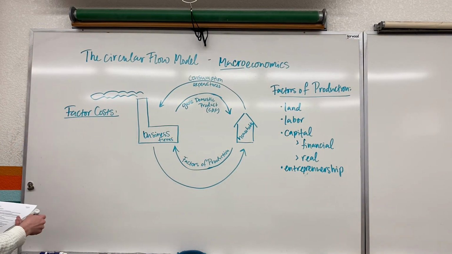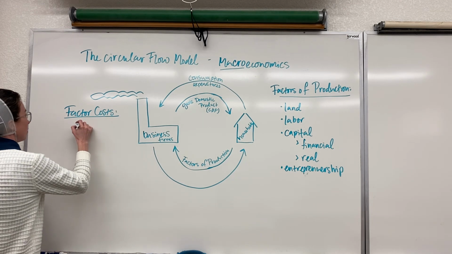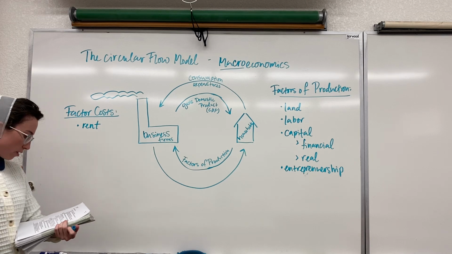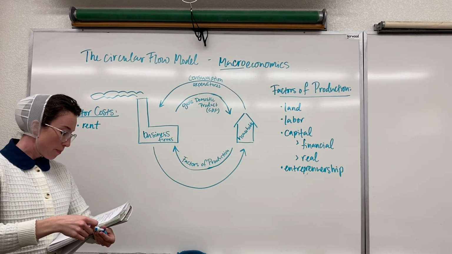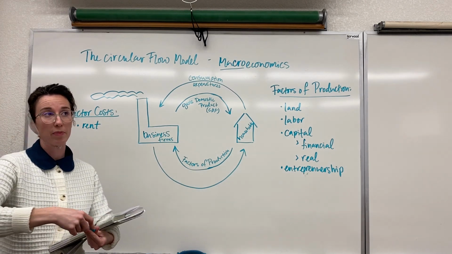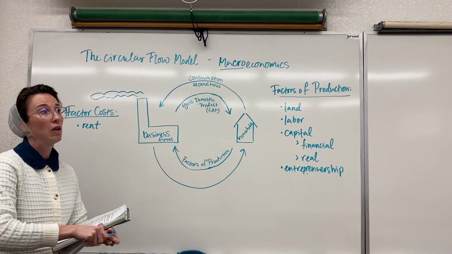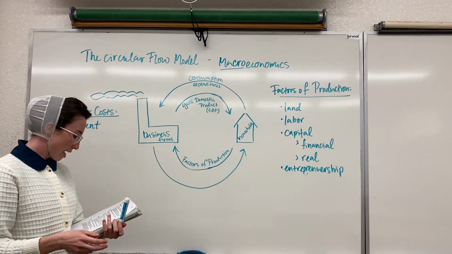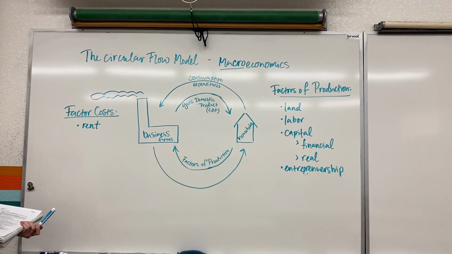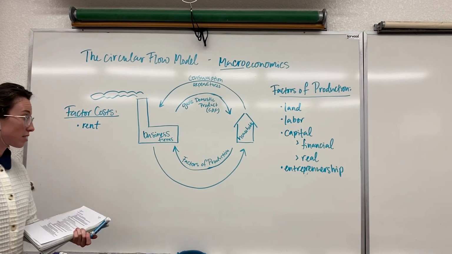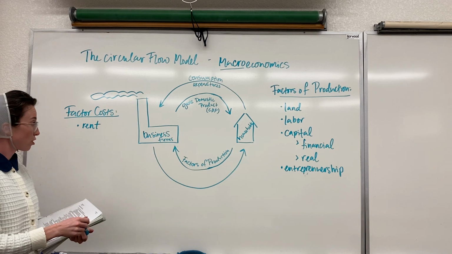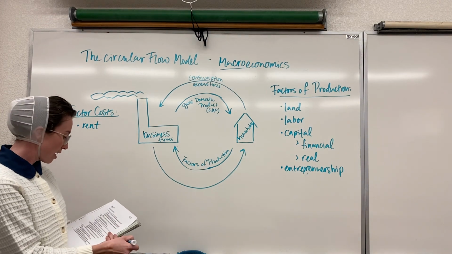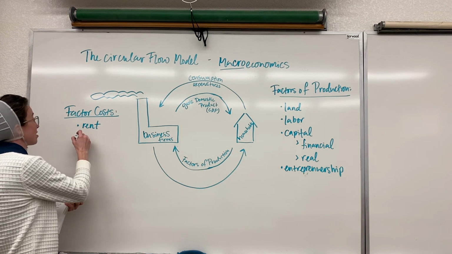All right, first one is rent. This is all the payments for the use of an owner's property. So a lot of business firms are on ground that is leased or things like that. And rent is all the payments for the use of an owner's property. That's something that would go back to households. And then we have wages.